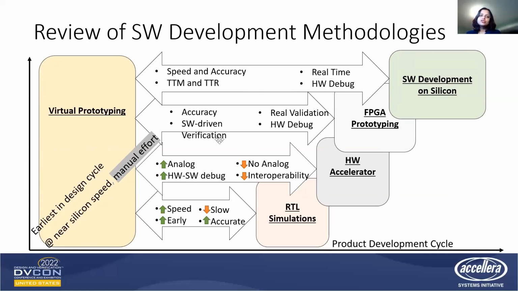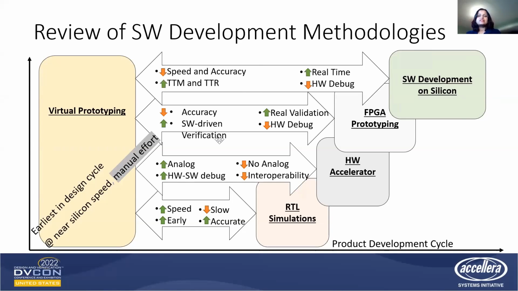On the other hand, virtual prototype supports good modeling, analog modeling features, and hardware software debug is much easier. With FPGA prototyping, we get real validation, but the hardware debug is a big challenge, and most of us know that. Virtual prototyping supports software-driven verification.